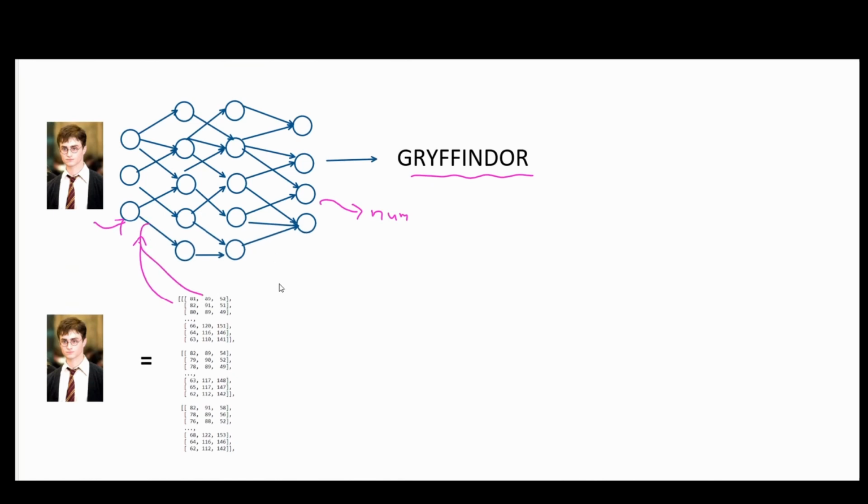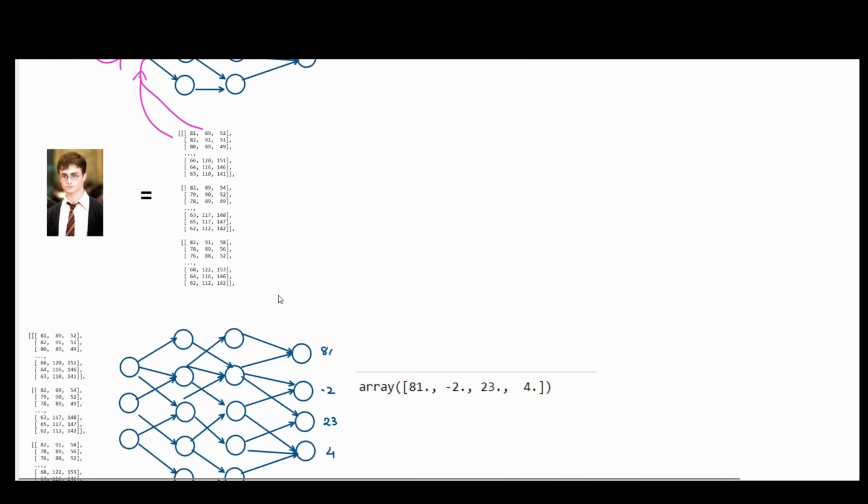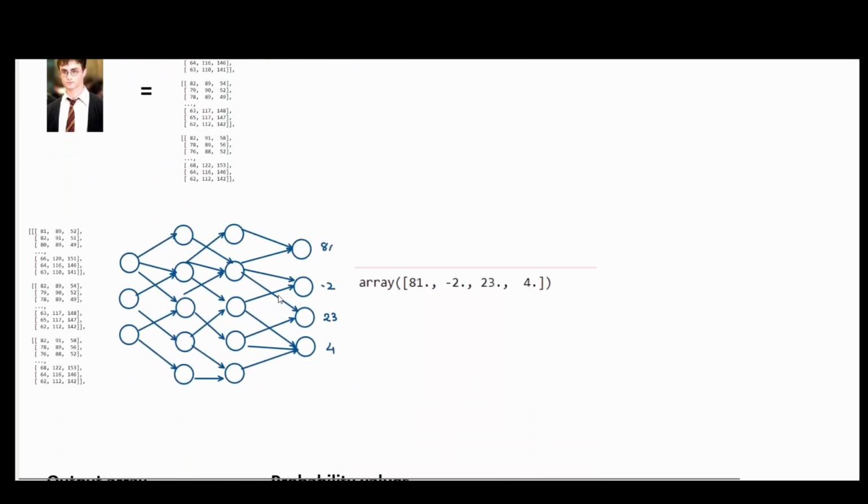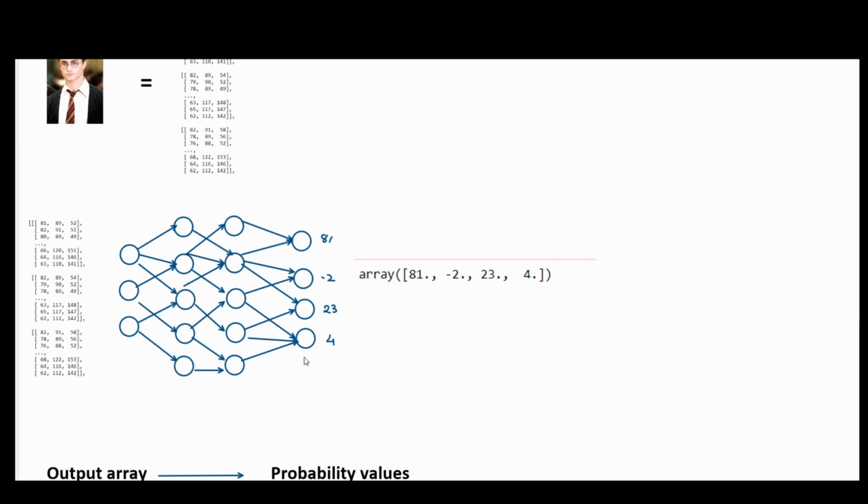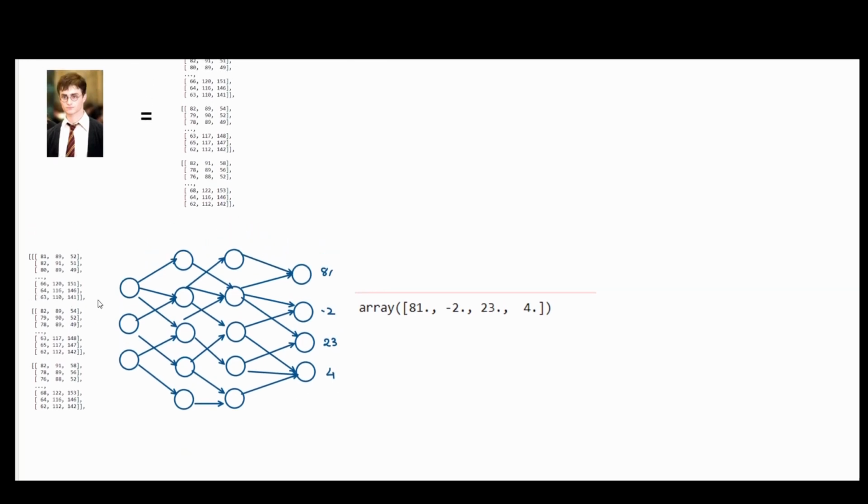Once that image goes in, the neural network makes a prediction. As you can see here, the tensor which represents the image goes into the neural network and you get a prediction, which is again a number.